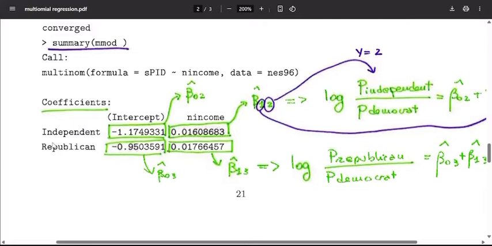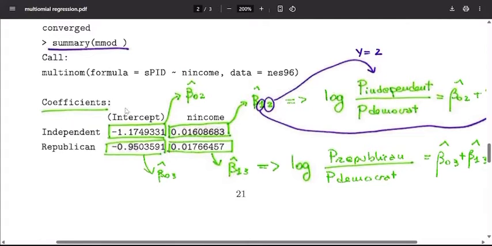Does that make sense? You can decide yourself to reference a particular level. Now, if R has automatically referenced Democrat, that's why you see independent and Republican in the output.